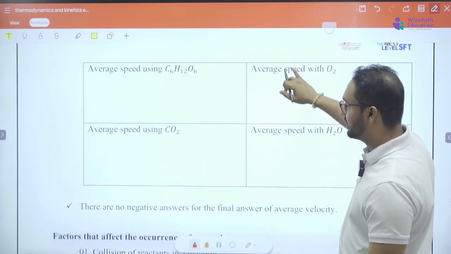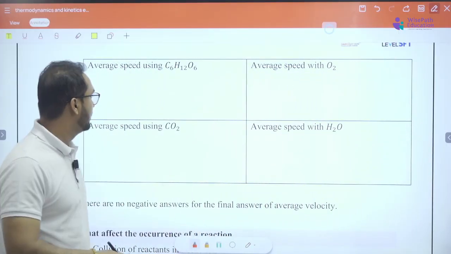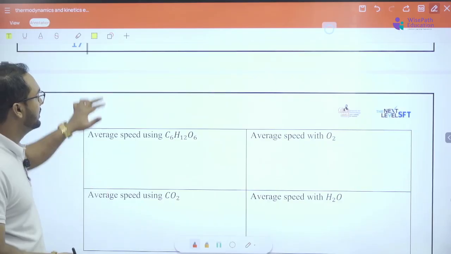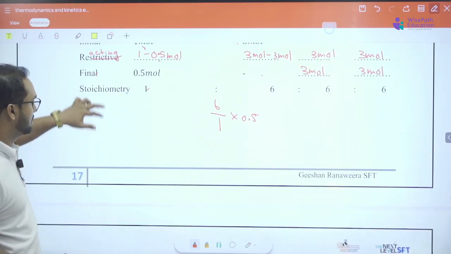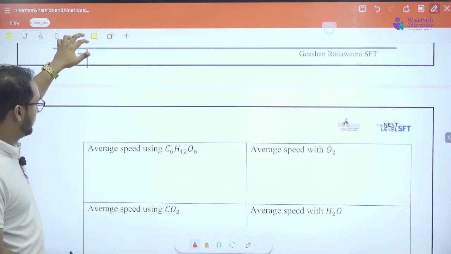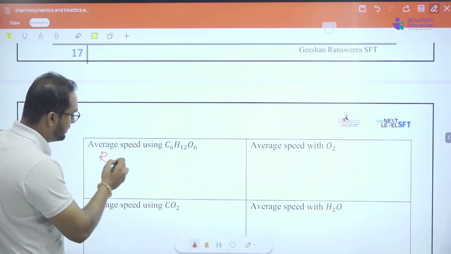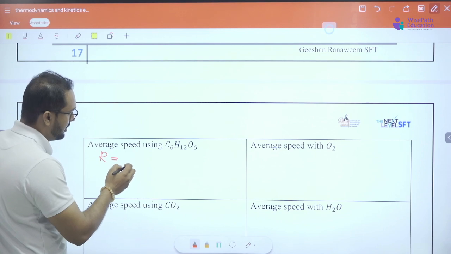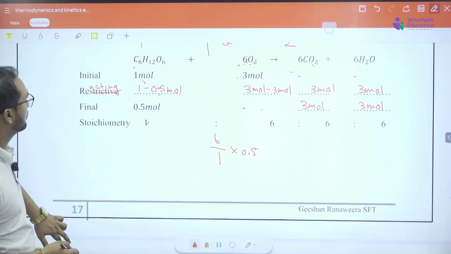Did you write the rate of reactions? Yeah. So the average speed or rate using C6H12O6, right? The average speed of C6H12O6 will be R equals 1 over... Is there a stoichiometry for the glucose? No, right?